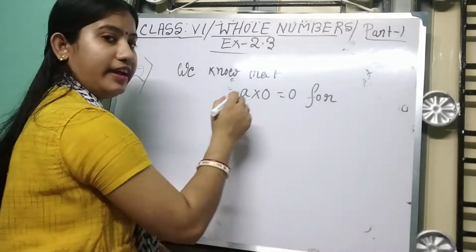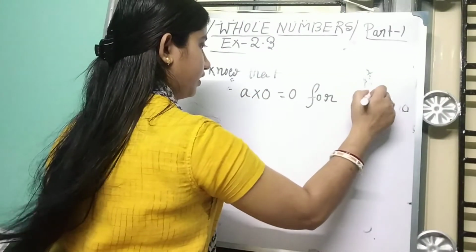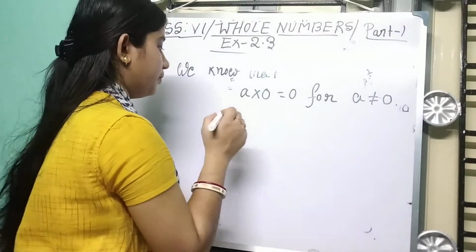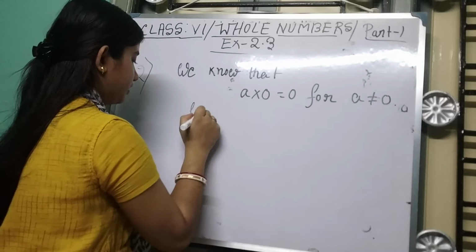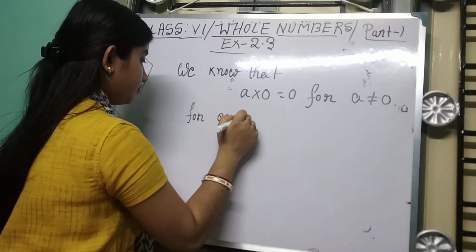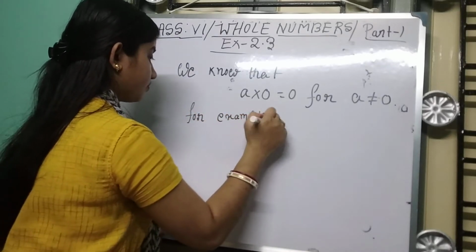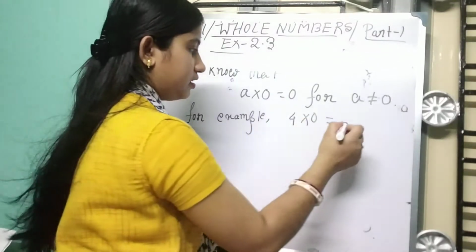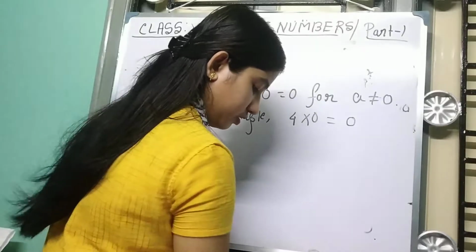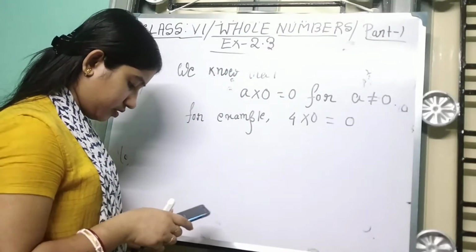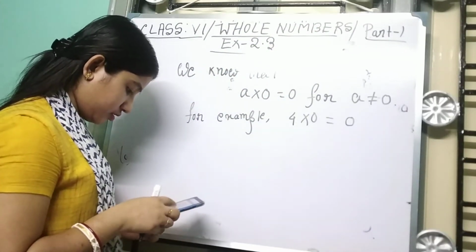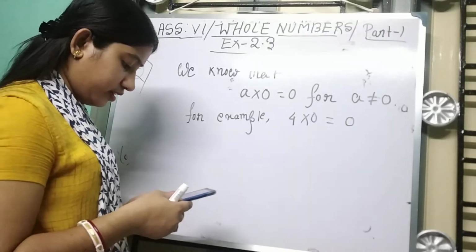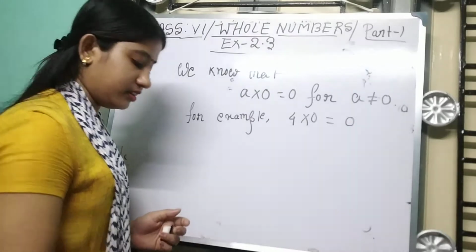We know that A into 0 equals 0 for A not equal to 0. That means A is a non-zero number. For example, 4 into 0 means 0. So if the product of two whole numbers is 0, then one of them is obviously 0.